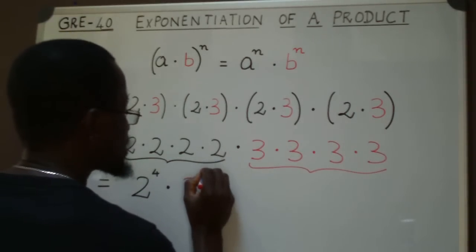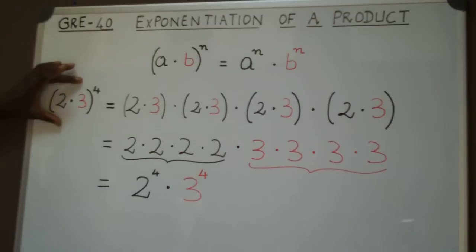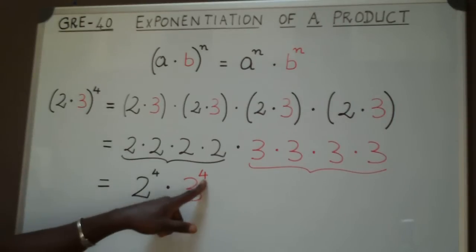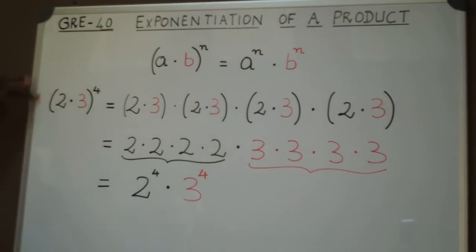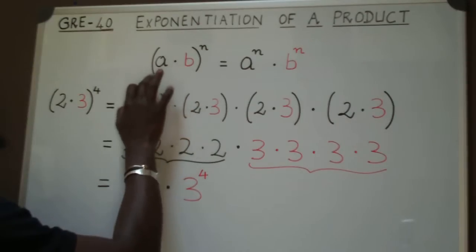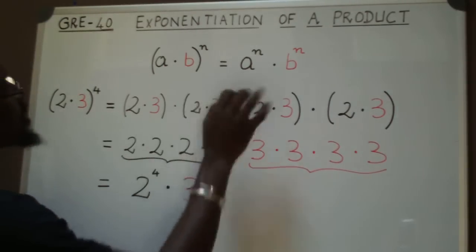So now, finally, what we've gotten is that the expression we have here is the same as the first factor raised to the exponent 4 multiplied by the second factor raised to the same exponent 4. And what we have done here is to discover the formula which I wrote at the beginning of this lecture.